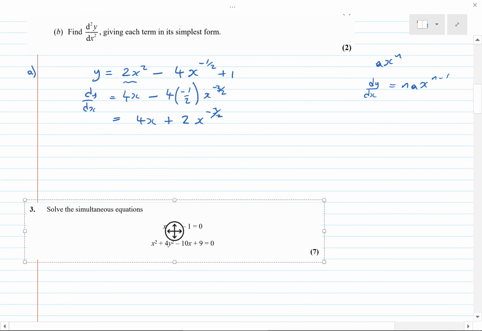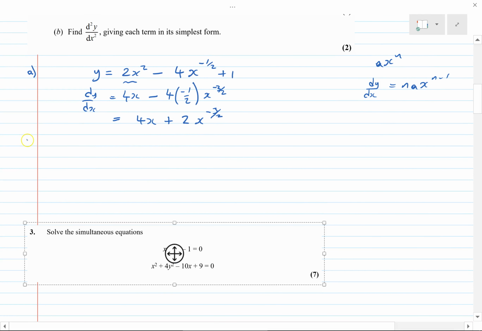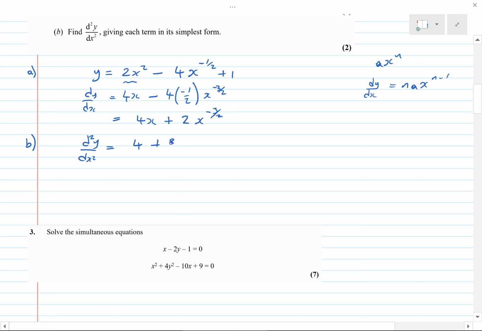Part b, we're differentiating that again. d2y by dx squared. Now the first term is very straightforward, that's just 4, because 4x differentiates to 4. And again, plus 2 times minus 3 over 2 x, and 1 take away minus 3 over 2 take away 1 is minus 5 over 2.